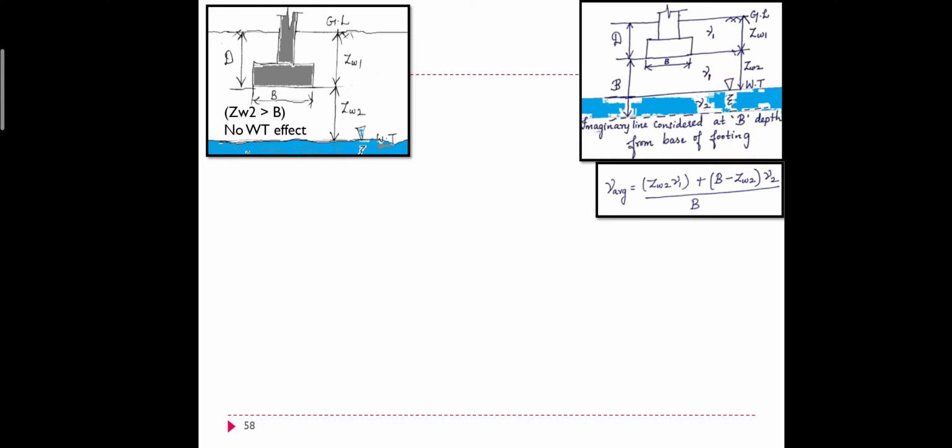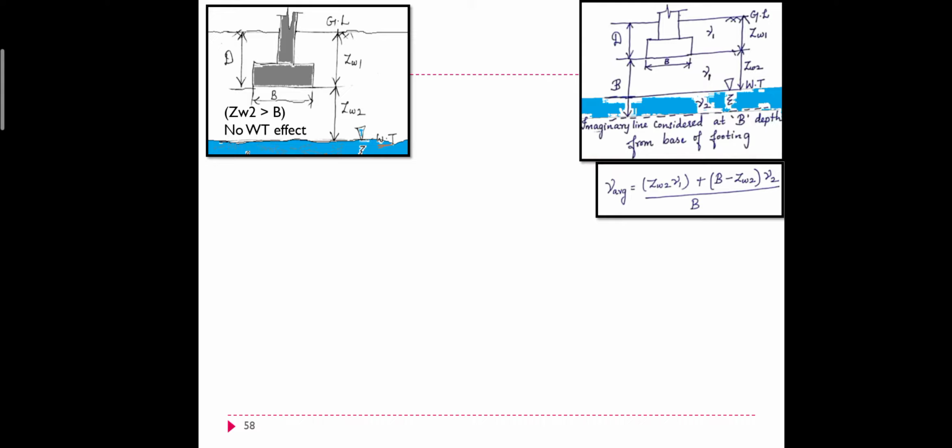So if you know ZW2 and if you know B, you can understand the remaining wet portion is B minus ZW2. So B minus ZW2 into அதோட unit weight, that is the wet portion. B minus ZW2, that is the depth of the wet portion. And what is the unit weight of the wet portion?